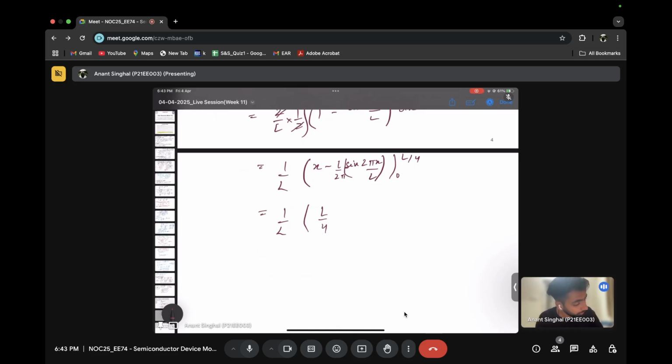The second term, if I keep L by 4 here, L will cancel out, so it will become pi by 2, right? So it will be minus L by 2 pi, if I'm not wrong. Then at 0, it will be 0 and 0. Makes sense? Have I done it correctly? L will cancel out.